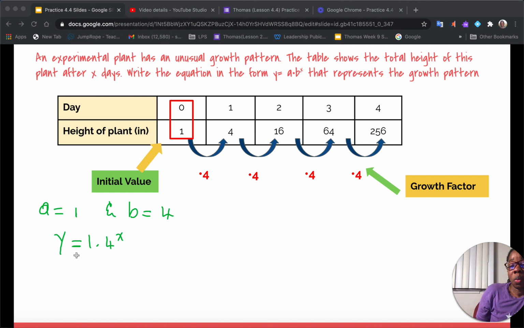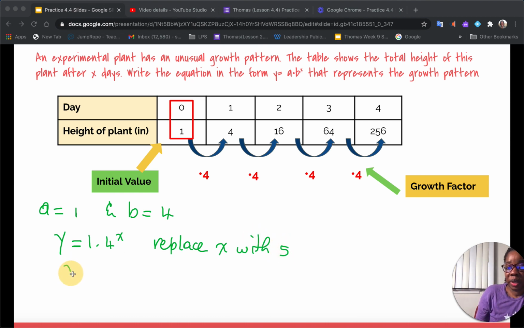Okay, now we were asked a specific question: what was the height of the plant on the fifth day? So we're going to use this equation to find the height of the plant on the fifth day, which means we need to replace the x with 5.